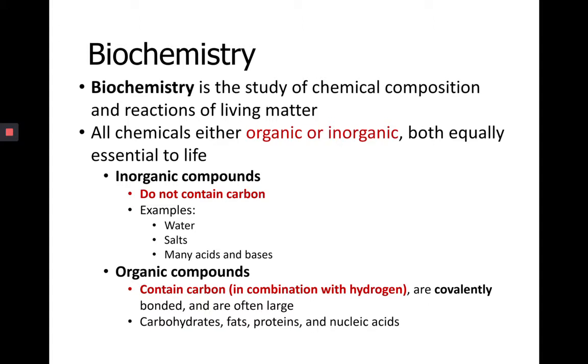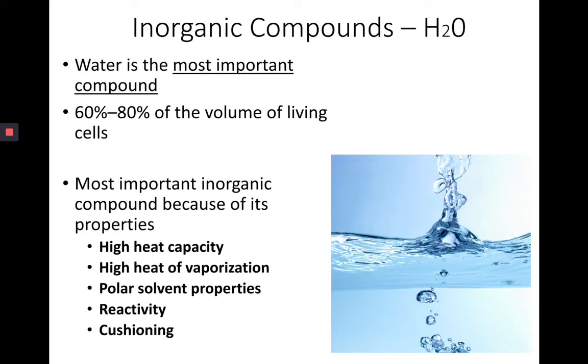Organic compounds are oftentimes a lot larger than our inorganic compounds, things like carbohydrates and proteins and lipids or fats and nucleic acids. We'll start with the inorganic compounds. One common and very important inorganic compound is water, or H2O. It's not only an important inorganic compound, it's the most important, because 60 to 80% of the volume of our cells is made up of water.